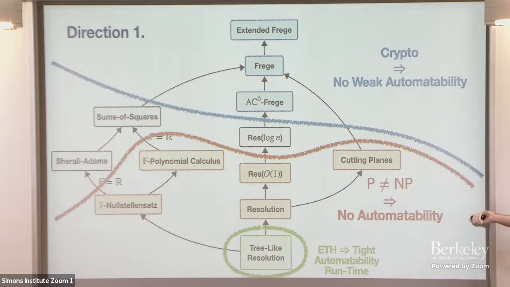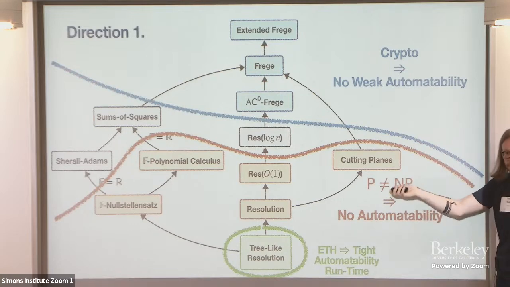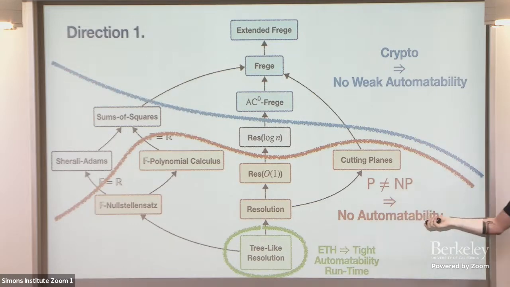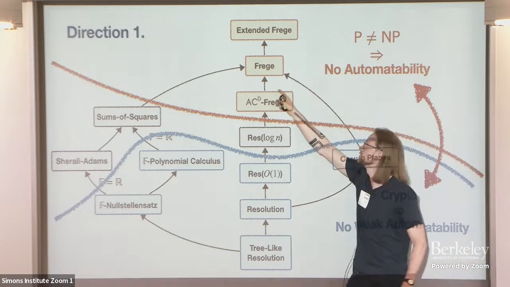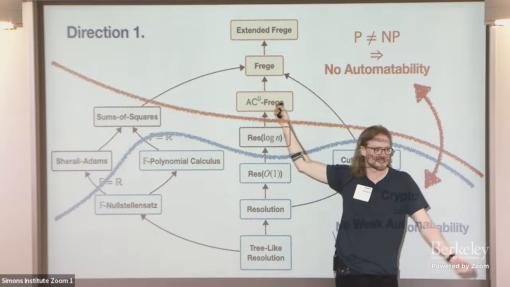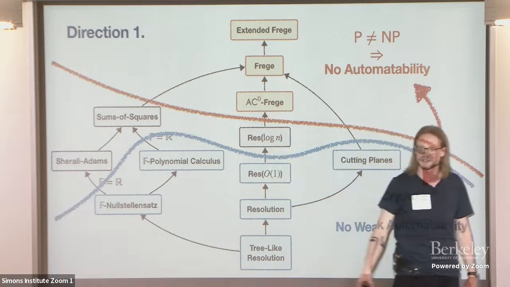We don't know anything about whether or not these weak proof systems can be weakly automated. Maybe they can be. And on the other side, maybe under weaker assumptions up here, we can actually prove that these things are simply not automatable. This, of course, is going to require totally different techniques because we don't know how to prove lower bounds for these systems. For AC0 Frege, it's conceivable that you could make this strategy work.